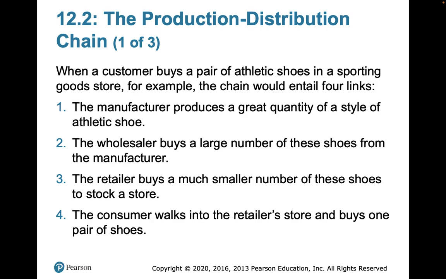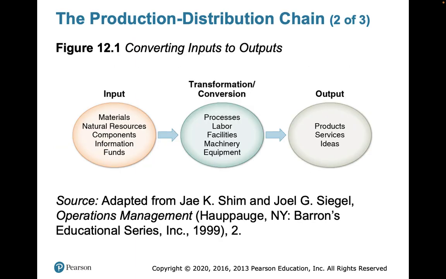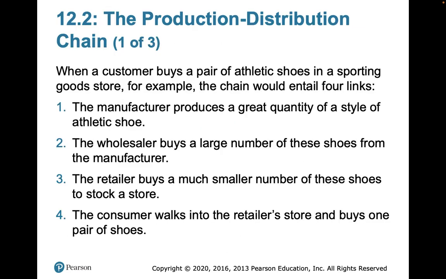We also have a chain where the manufacturer gives to the retailer directly, and we also have one where it doesn't pass through the retailer, but deals with the consumers directly. However, whichever production chain is adopted, it should suit the business. It should ensure, above all, that these goods or services get to the consumer.